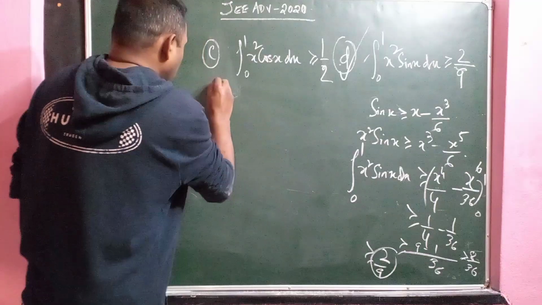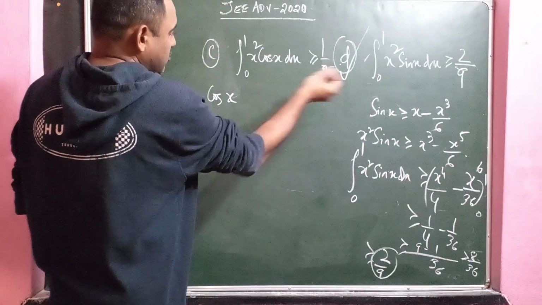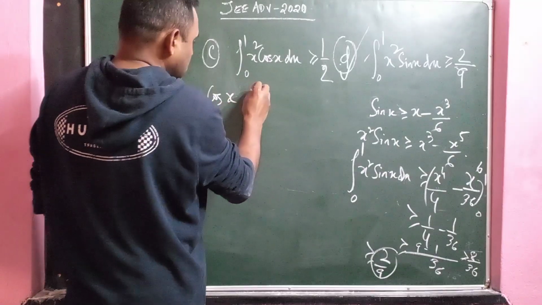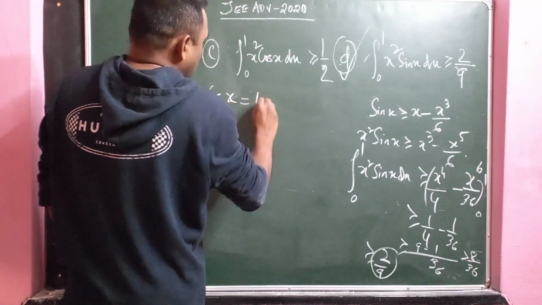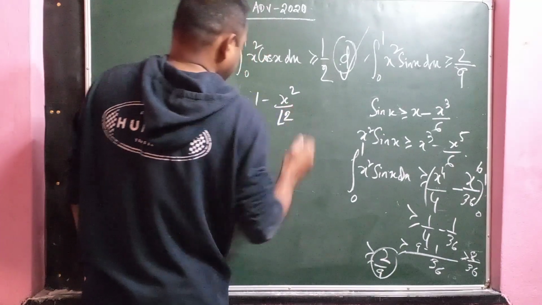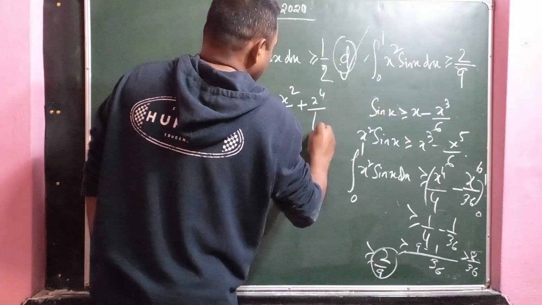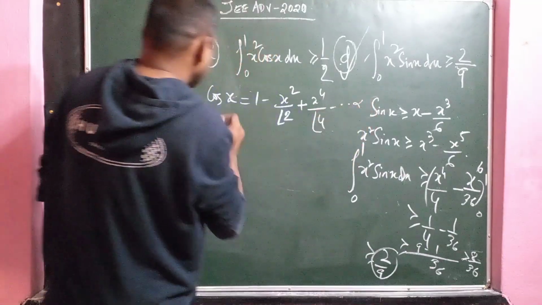So now see, cos x. Understand? You just have to remember these two series of sin x and cos x. Now cos x is 1 minus x square by factorial 2 plus x4 by factorial 4, and so on.